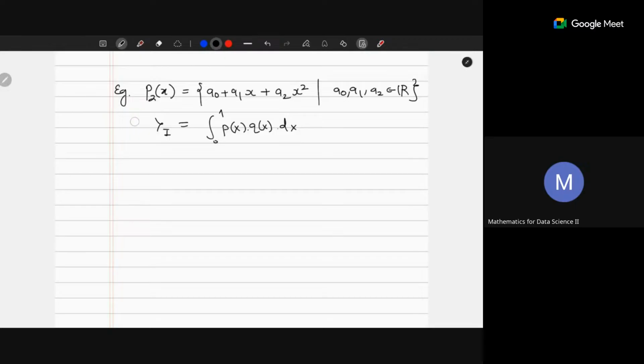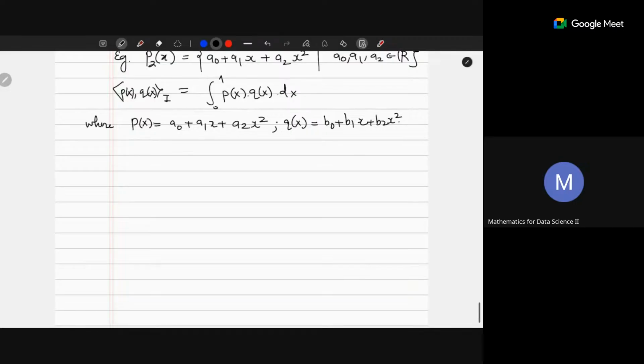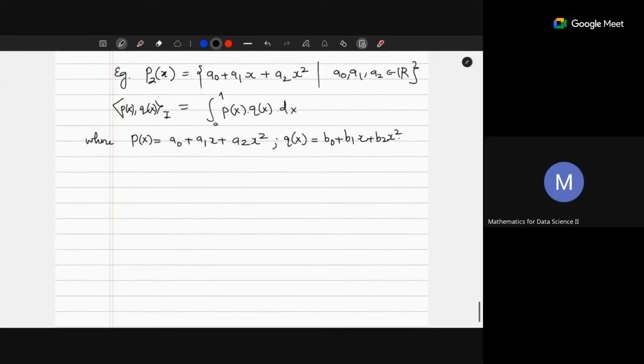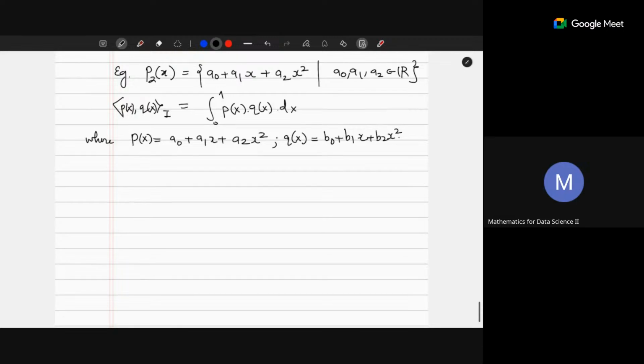Here p(x) is a0 + a1x + a2x squared, and q(x) is b0 + b1x + b2x squared. We have already checked it is an inner product space, so it is an exercise for you to check.